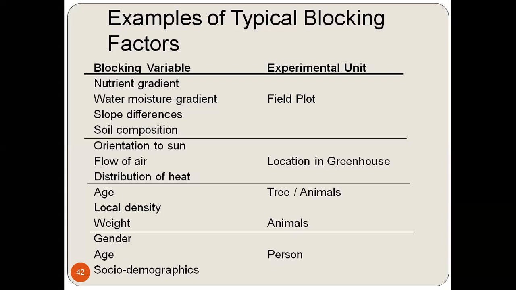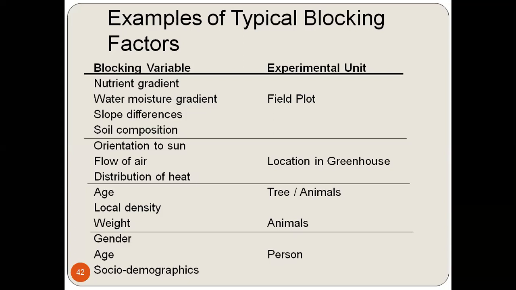Maybe flow of air, if you have some exhaust fans or air conditioning, for example. Sitting closer to the air conditioner is much colder than sitting a little away from it. So distribution of heat, all these matter, and we can have blocking.